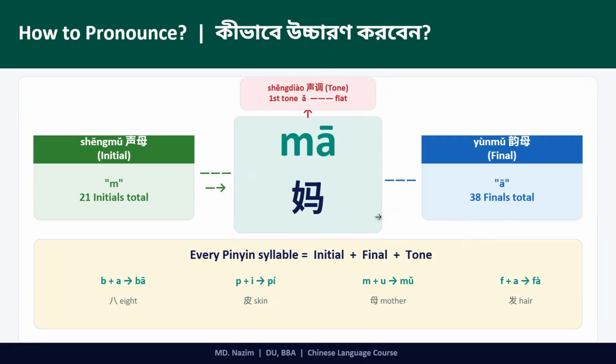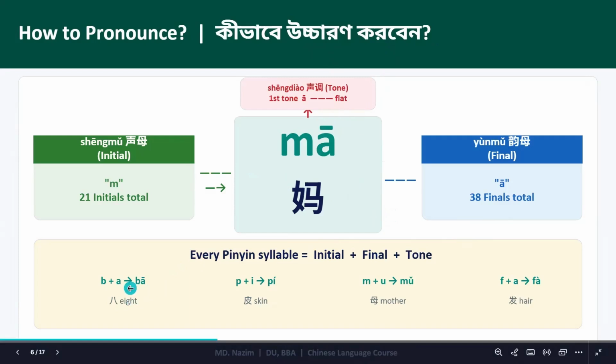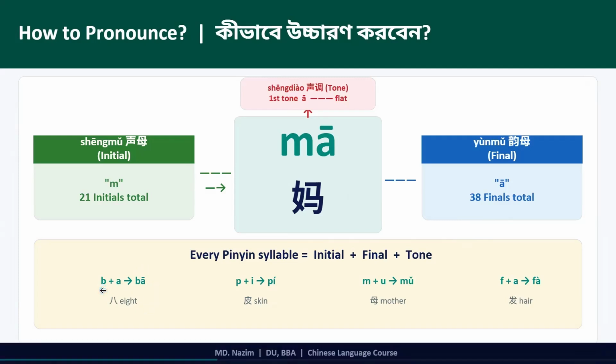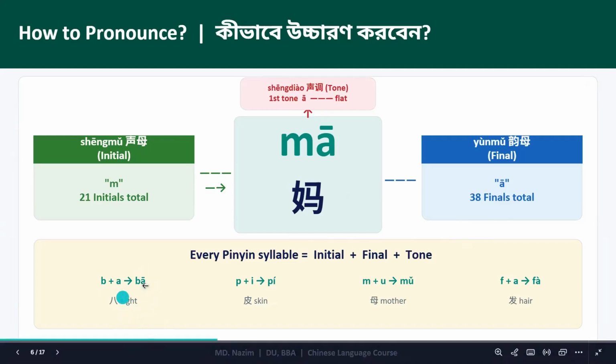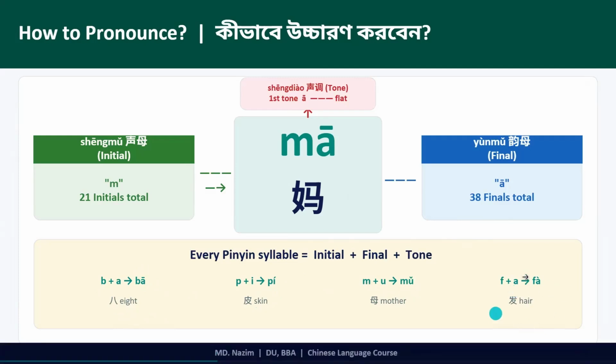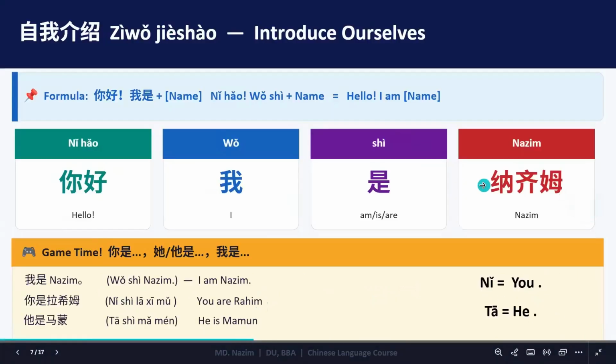Ma. Great. We can also combine other initials and finals with tones, and we get other meanings, like bo, and ba, that means eight, number eight in English, and also pa, and mo, and fa, that is hair.